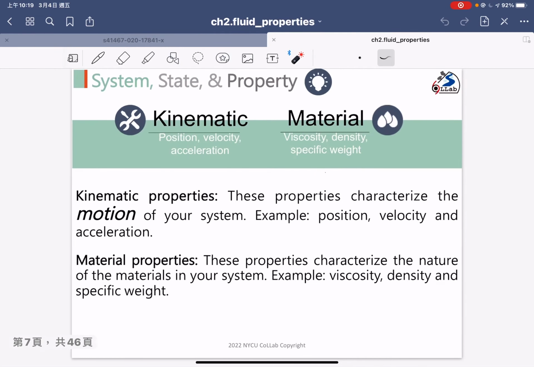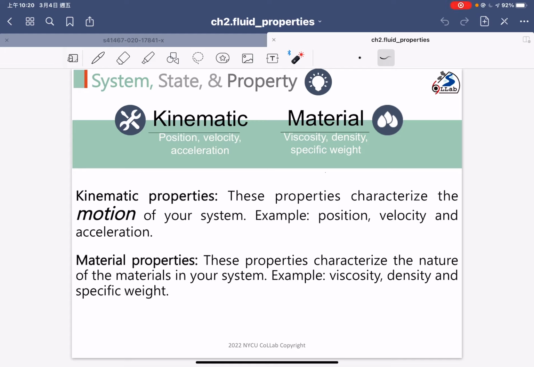Okay, so what kind of properties will we learn today? I emphasize that totally we have 8 properties related to the fluid. Sometimes the properties can be distinguished into 2 parts: the properties related to kinematics and the properties related to the materials.